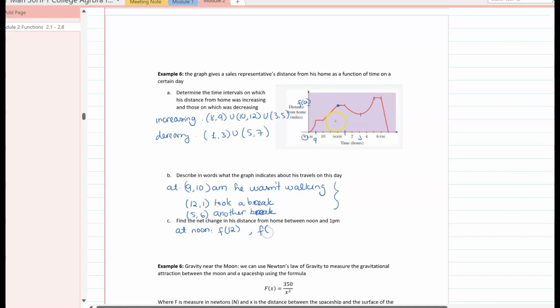And the distance at 1 o'clock, well, from noon to 1 he rests, so the distance doesn't change, so they are equal to each other. This means the net change is 0, because obviously he took a break, so he doesn't go anywhere. So the net change is 0.